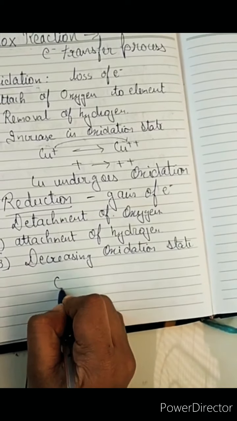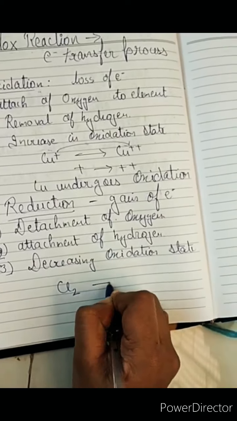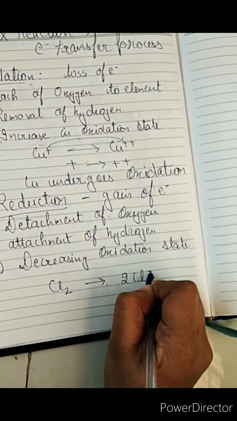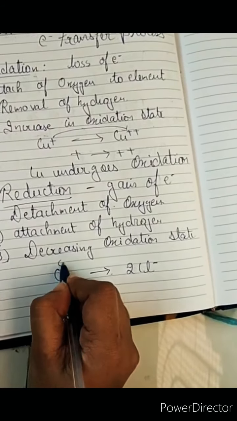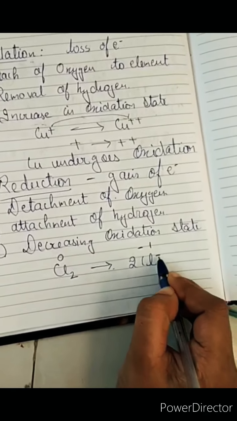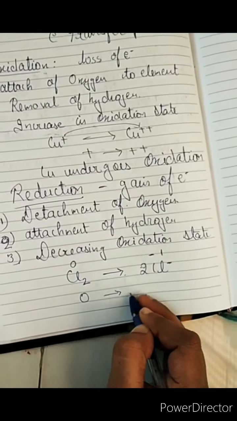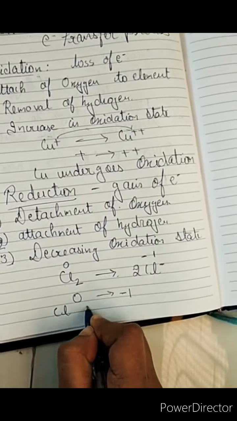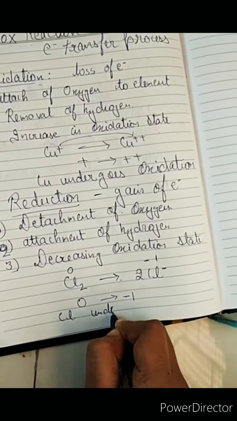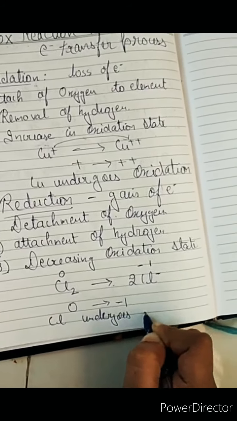For example, we have Cl2 and after reaction, let's say with hydrogen, it becomes 2Cl negative. So look, here oxidation state is 0, but now the oxidation state is minus 1. So from 0 to minus 1, that's why we say Cl undergoes reduction.